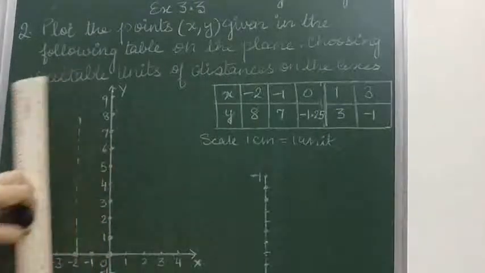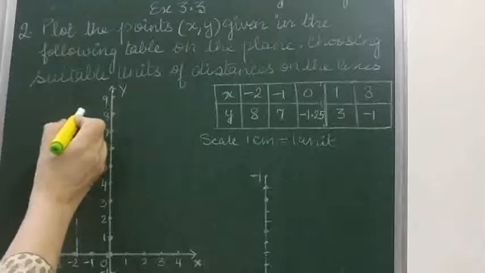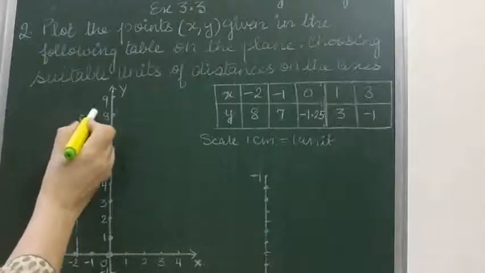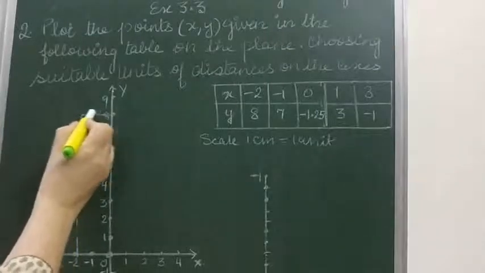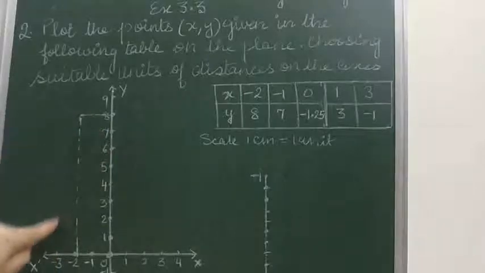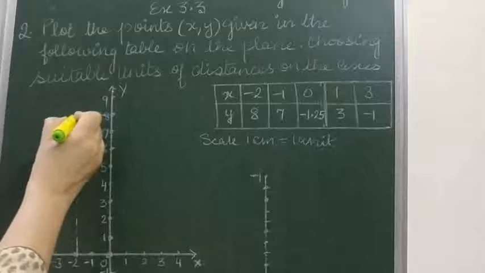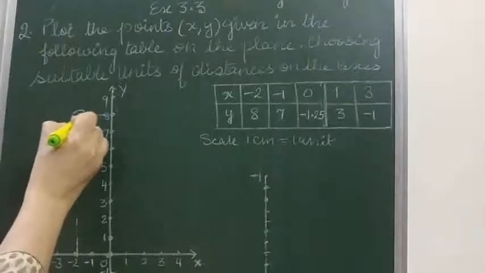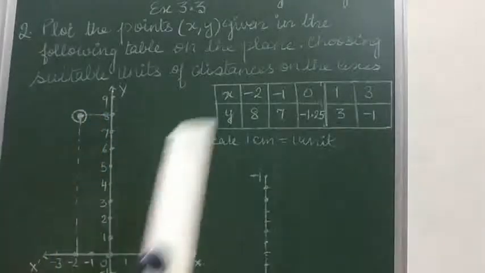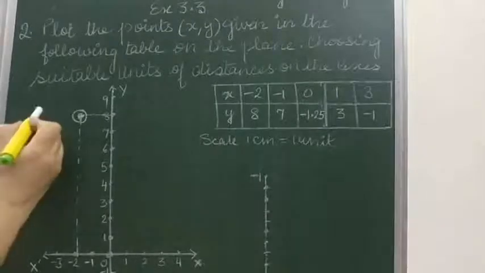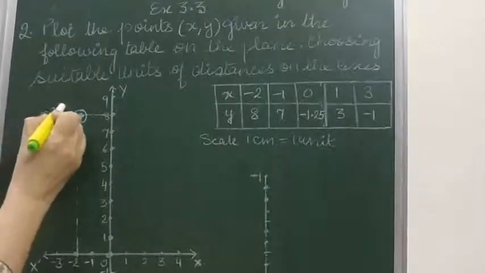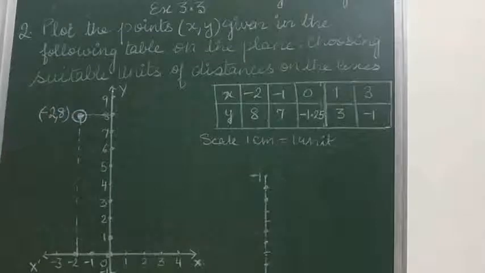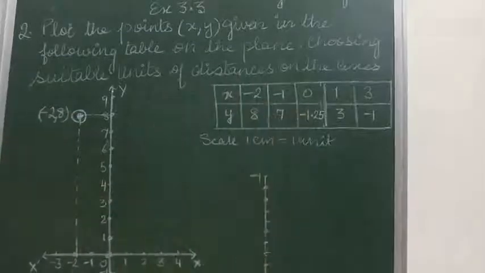So I come up till -2. Now from 8 again we draw a horizontal line. So one vertical line is drawn and one horizontal line is drawn, and we get the point. This point which we get is -2, 8.